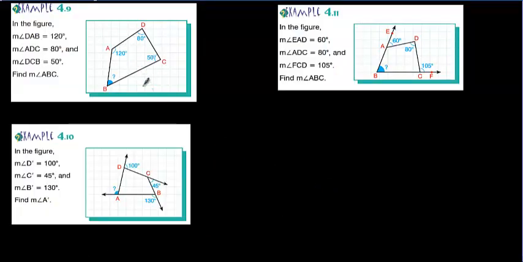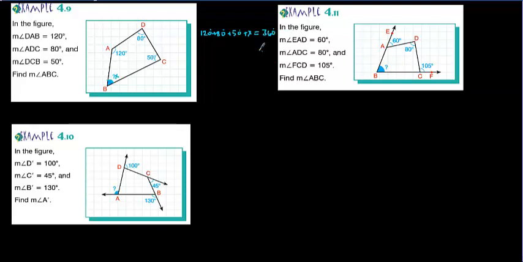Let's solve them first. In the question they are asking the measurement of ABC, which means we are looking for this angle. And the figure is a quadrilateral. In the previous page we saw that the sum of interior angles is equal to 360 degrees. So 120 degrees plus 80 degrees plus 50 degrees plus x must be equal to 360 degrees.